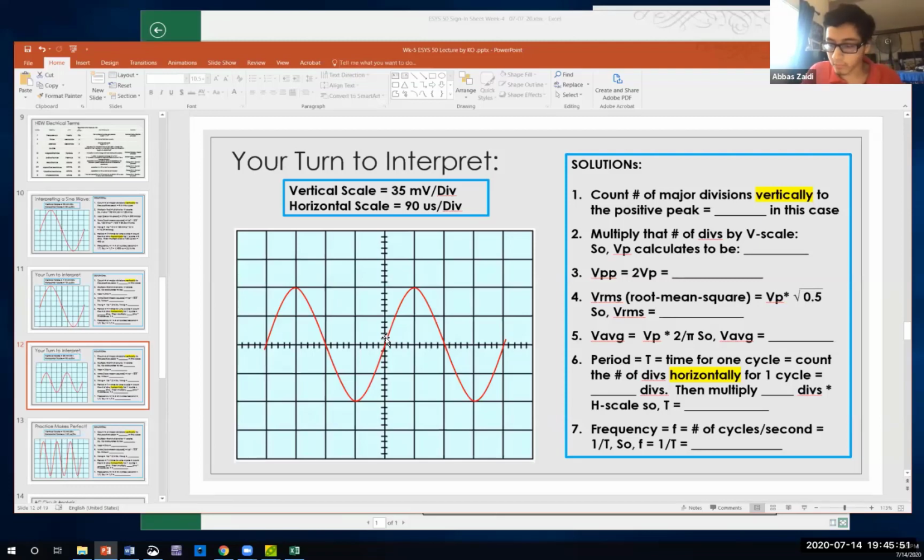Correct. 4 times 90. Then you get 360 microseconds. Very good. How many people concur with 360 microseconds? Okay, that's what we should have, 360 microseconds. Thank you, Abbas. Well done.